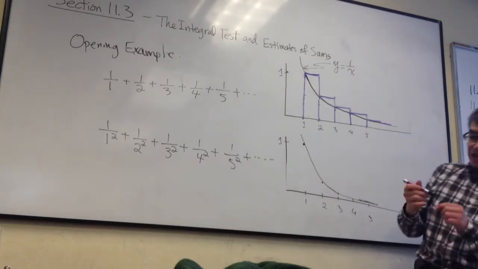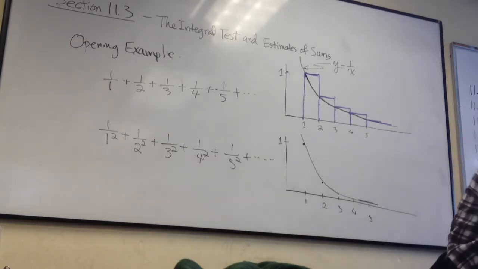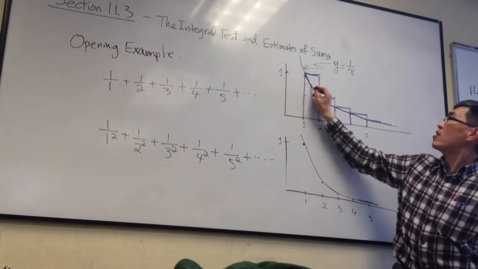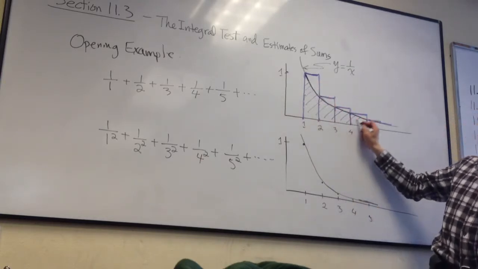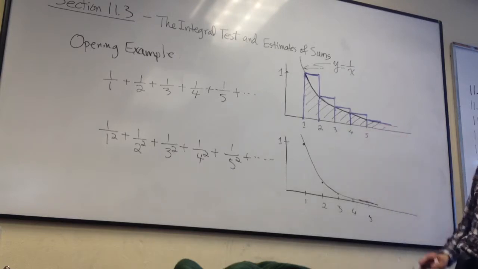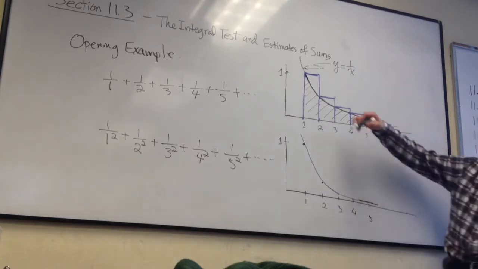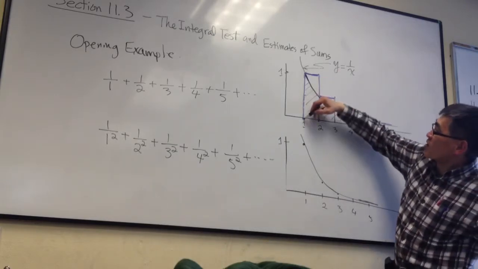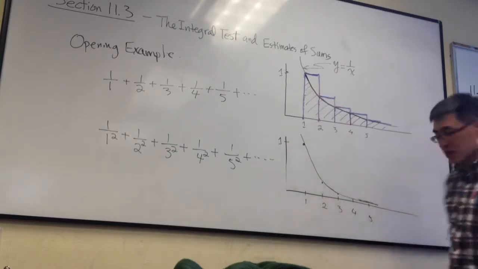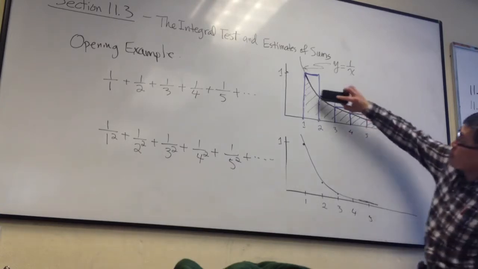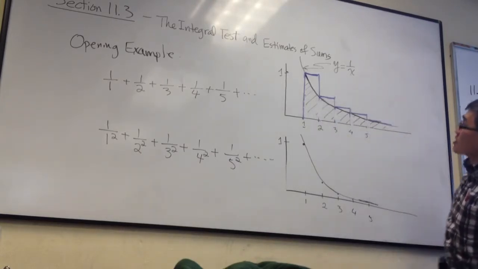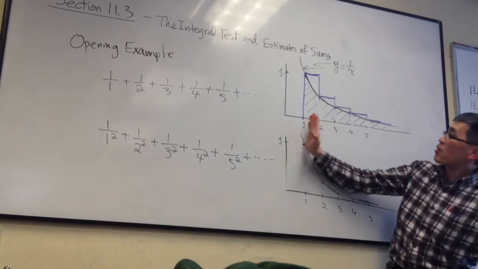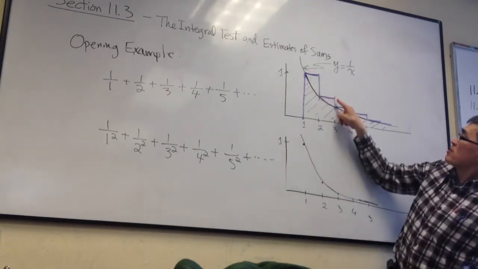That is dominating this area. Would you agree? That's greater than this area. Do you know what I'm talking about? If I remove all this, look at this step function, starting at 1. Go like this.